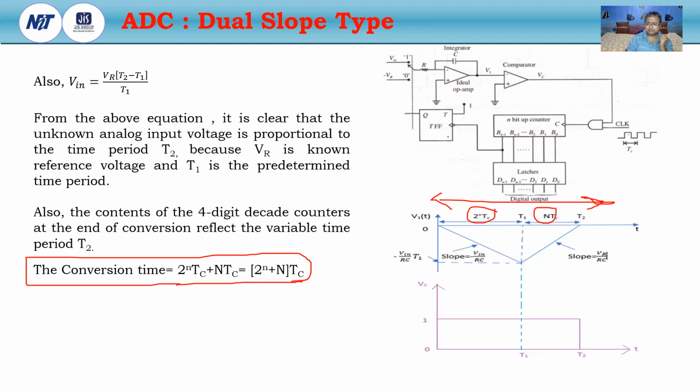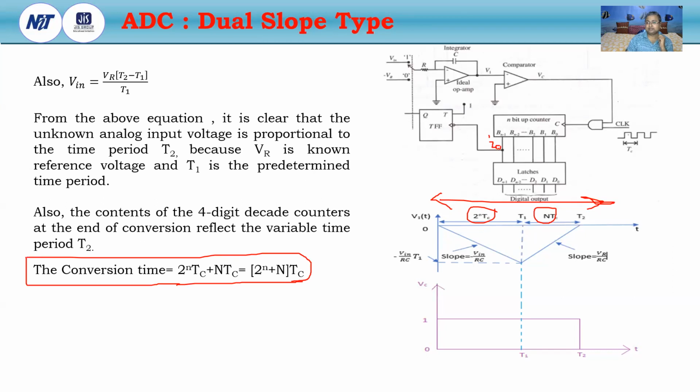Now, this T flip-flop is operated with respect to the MSB bit of the output of the N bit counter, that is Bn minus 1. When Bn minus 1 does not change from 1 to 0, the output of the T flip-flop will not change. At first, we assume that Q is equal to 1, so the switch is connected with V in.